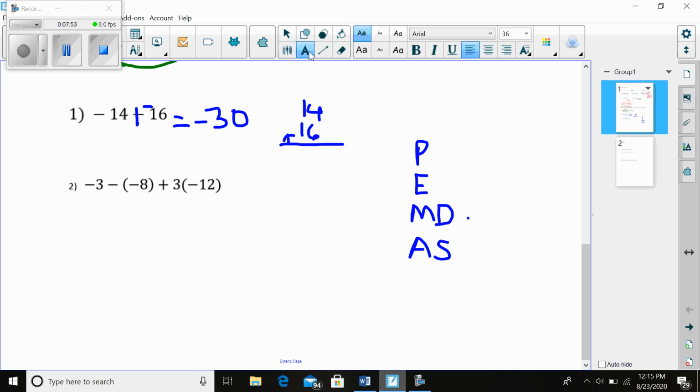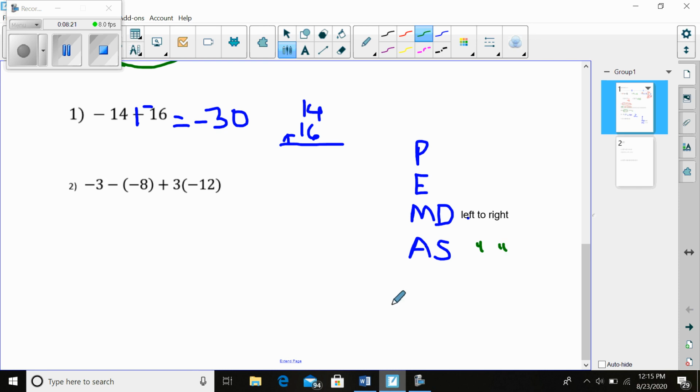That is because multiplication and division, students often think you multiply first, divide second. Not the case, right? These go in the order that they occur from left to right. Exact same thing for add and subtract. All right, so I'm going to put quotation marks to show that this is brought down, right? We do addition and subtraction in the order from left to right.